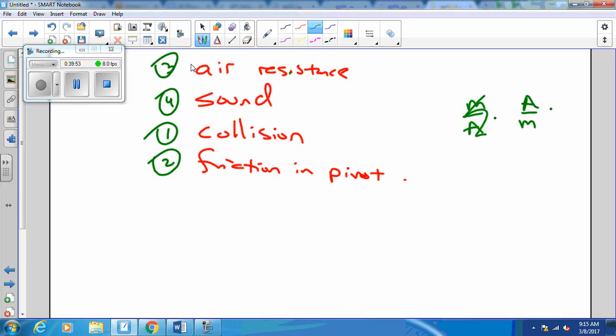So insects have a relatively large surface area to mass. Cannonballs do not. Trucks are interesting. Trucks actually have a fairly low profile compared to their mass, but they're going at such high speeds. Whereas here, we're going at moderate speeds.